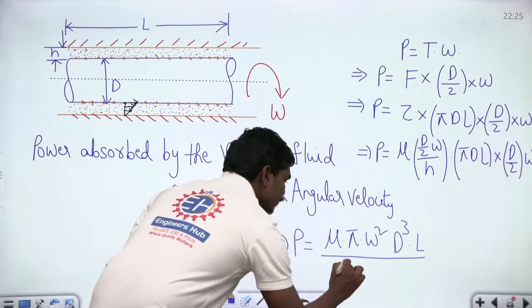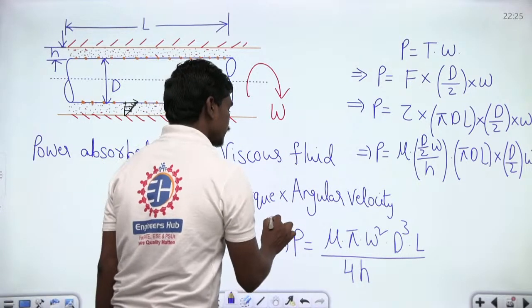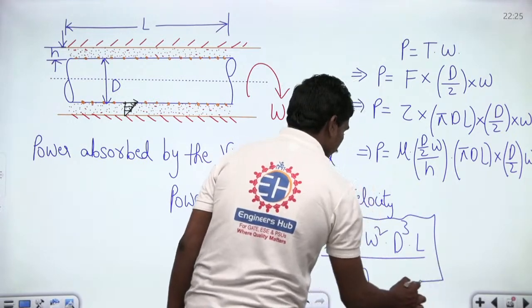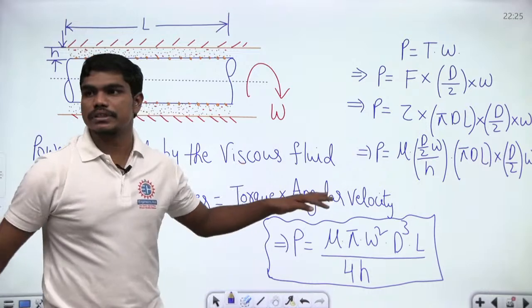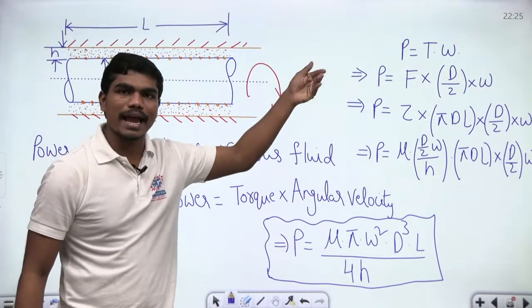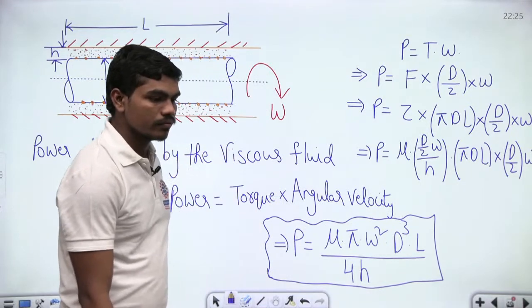This is the formula for power that is absorbed in the viscous oil whenever the shaft is rotating at some angular velocity omega. Is that clear to all of you?